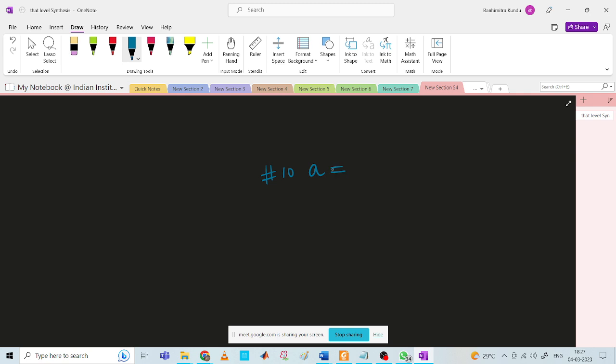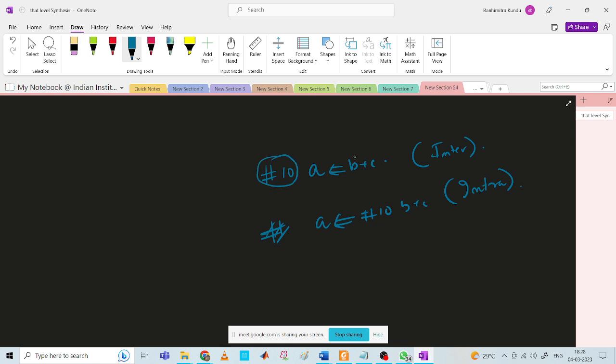And what about this? Inter or intra? This is inter. Then you have #10 B plus C. So this is intra. So see, what happens here is, first your delay is performed.